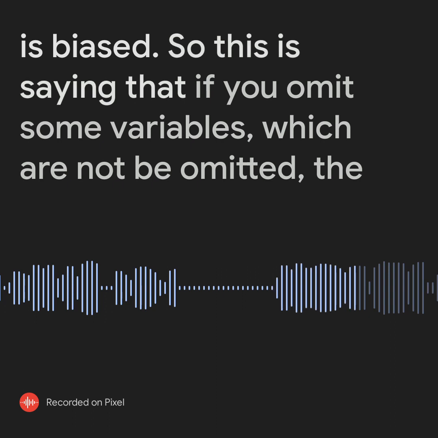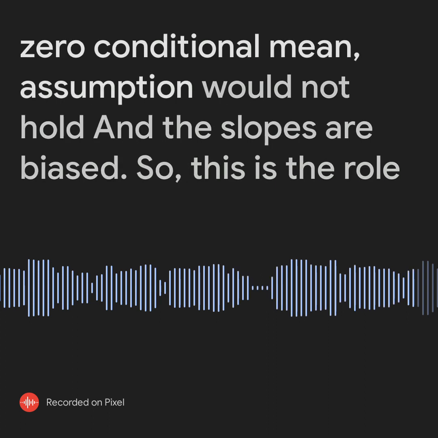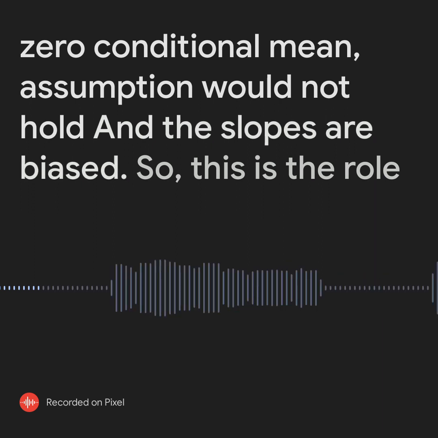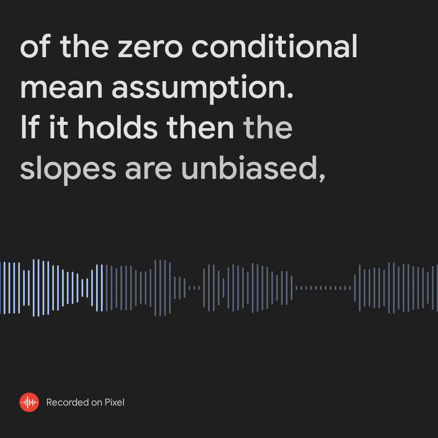So this is saying that if you omit some variables which should not be omitted, the zero conditional mean assumption would not hold, and the slopes are biased. So this is the role of the zero conditional mean assumption. If it holds, then the slopes are unbiased.